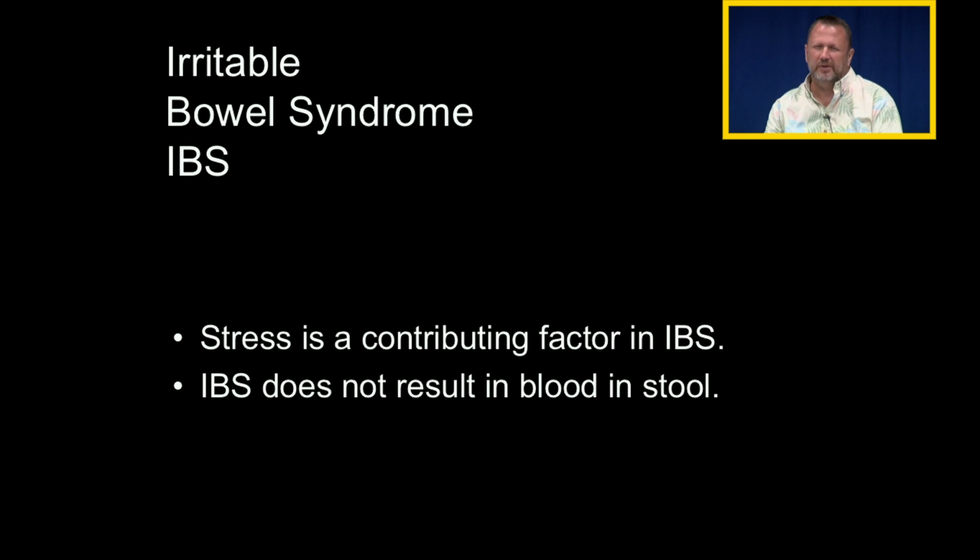Stress is a contributing factor in irritable bowel syndrome. That's why psychosocial support is essential with irritable bowel syndrome. And then dealing with any kind of gastrointestinal problem is essential in dealing with irritable bowel syndrome as well. Something to differentiate irritable bowel syndrome from the inflammatory bowel diseases is that irritable bowel syndrome will not result in blood in the stool.